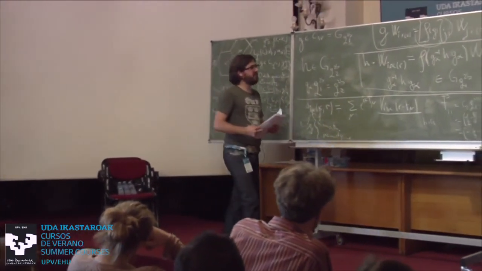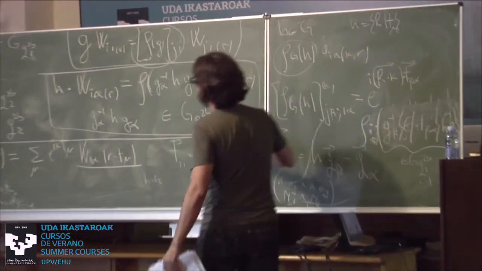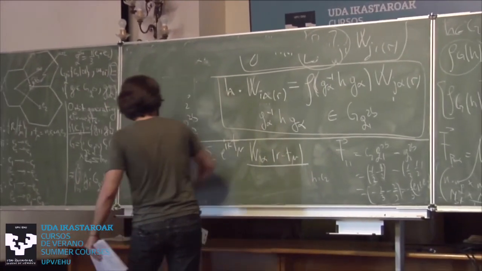So now, this guy, which is a k-dependent matrix, is called the band representation. So I'm going to tell you what we do from now.